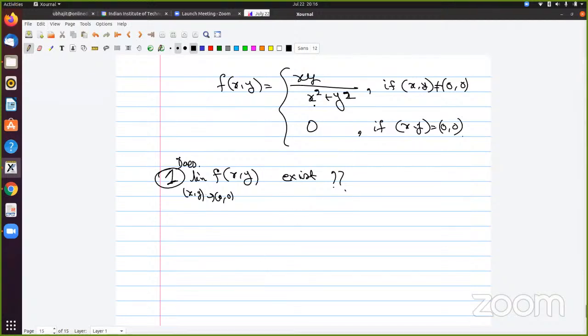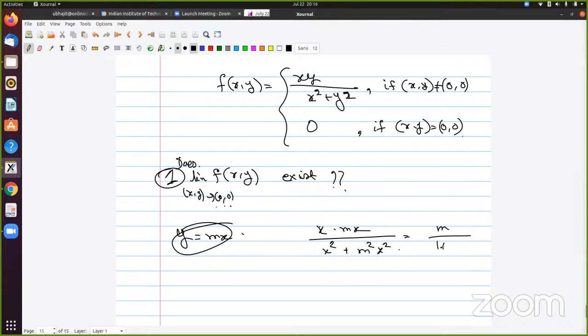This is the famous example, y equal to mx. If we approach the origin by this line y equal to mx, what do we get? We get x times mx over x square plus m square x square, so basically m by 1 plus m square.